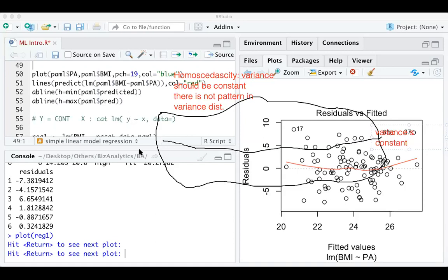Your y-axis is residual, x-axis is your predicted score, and there are 100 data points. In these 100 data points, the distribution is very random, very scattered. There is no pattern. Then we are ensuring that variance is constant. As simple as that. I hope things are very clear for you.